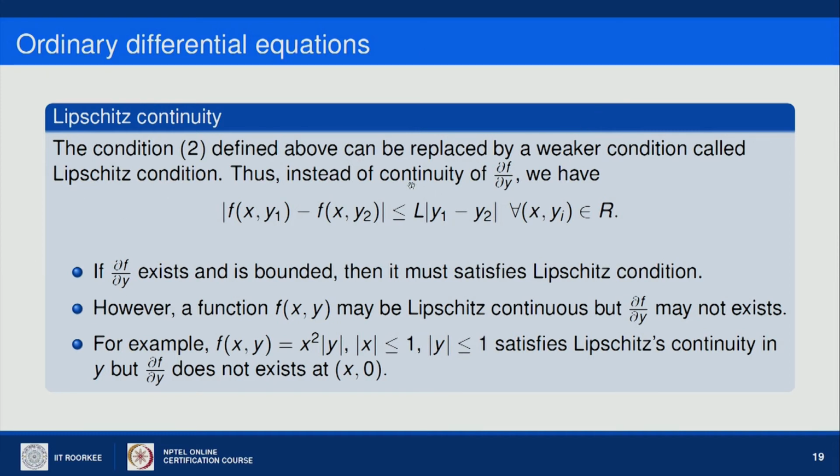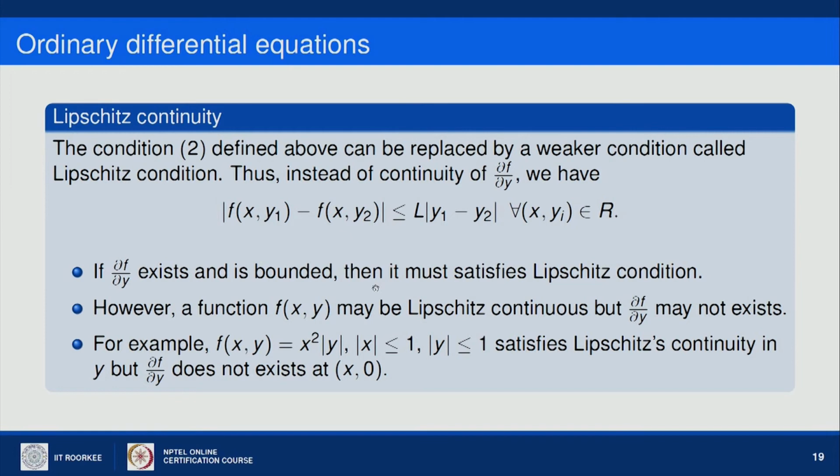Thus, instead of continuity of del f over del y, we can have, if f is Lipschitz continuous, that is, absolute value of f of x, y 1 minus f of x, y 2 is less than or equal to L times absolute value of y 1 minus y 2 for all (x, y i) belonging to R, then the solution is unique.